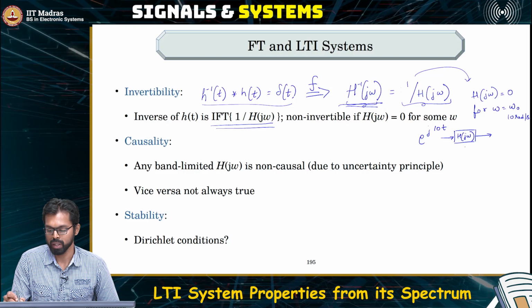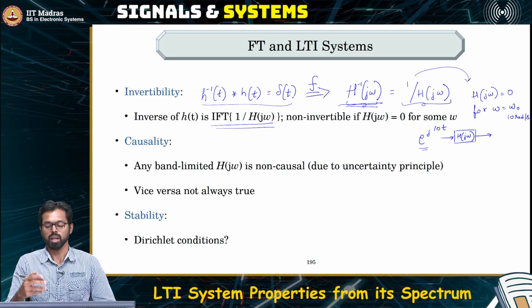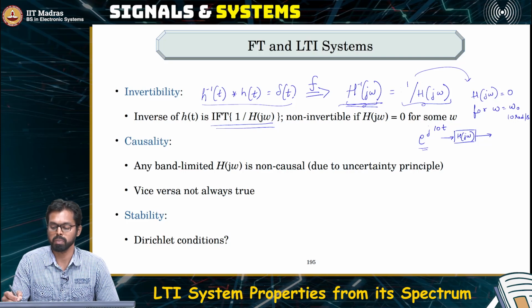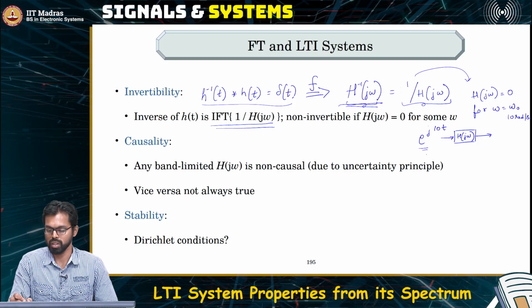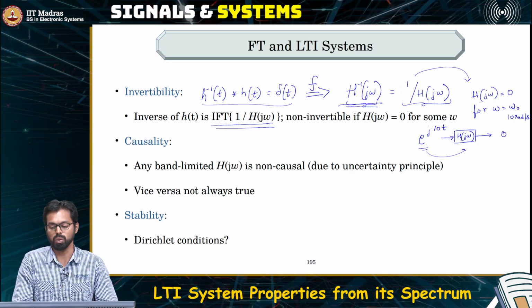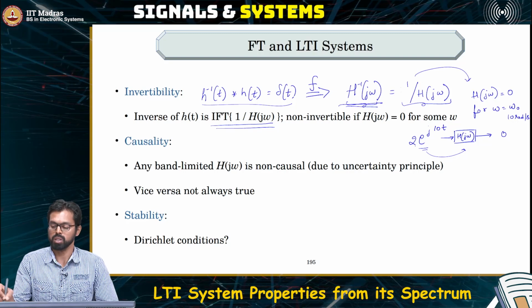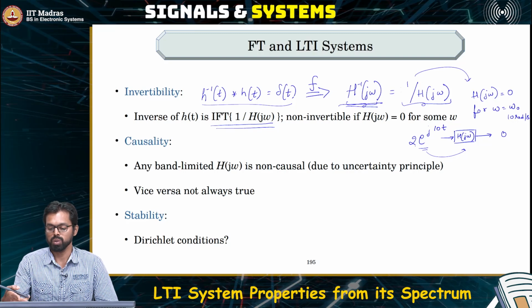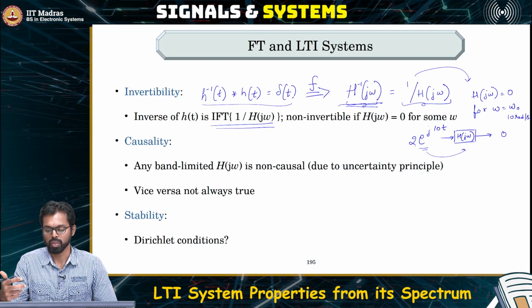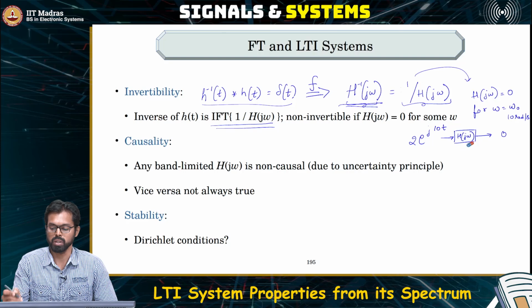It basically says that for any frequency omega, the frequency response is given by this spectrum. So the frequency response at this particular frequency is 0, and you get output 0. Which means if I scale this, let us say by 2 times, the output is still 0. So now we have found two different signals for which the output is going to be 0, and hence this becomes a non-invertible system.